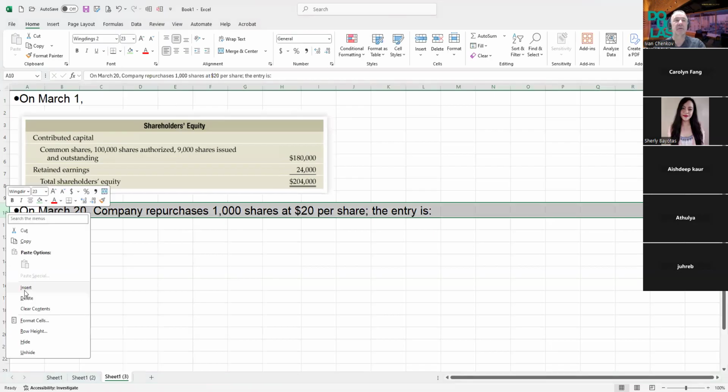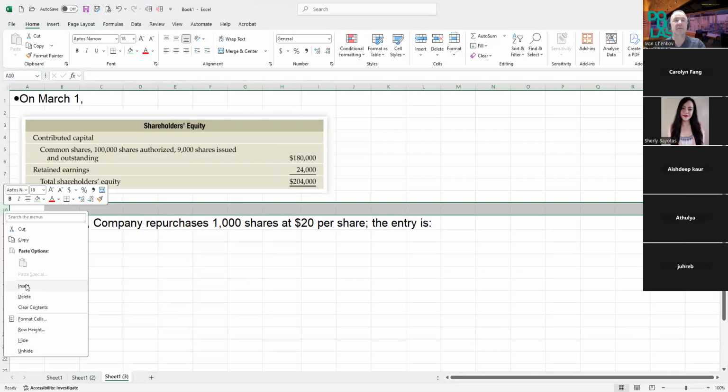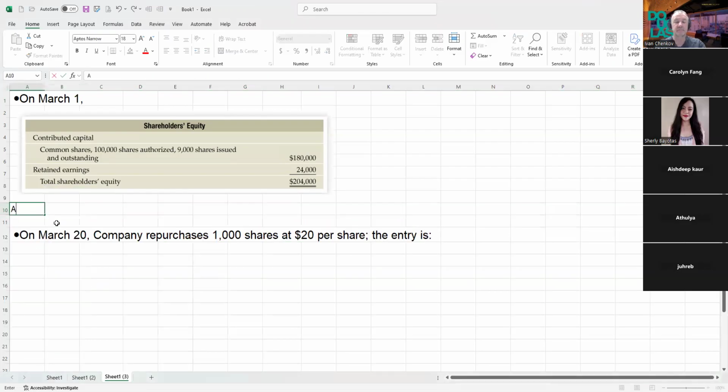Now, what we established already is that the average issue price per share will be equal to 180,000 divided by 9,000 shares.